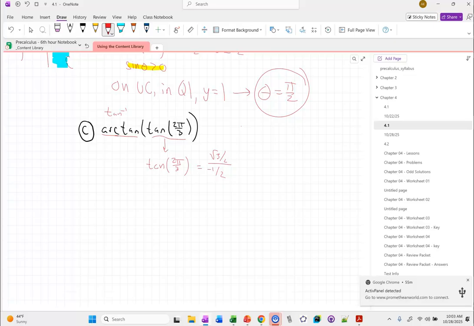So there's my y over x. Remember, a fraction is the same thing as division, and to divide fractions, I just multiply by the reciprocal.